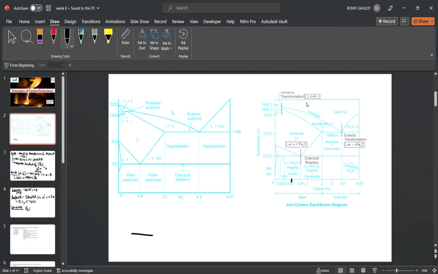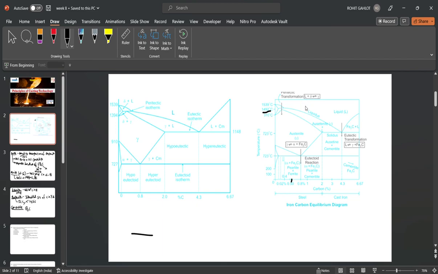Then the carbon content in the delta ferrite increases up to 0.09% in core solidification, at around 1492 degrees centigrade, with remaining liquid phase, and the delta ferrite performs the peritectic transformation.